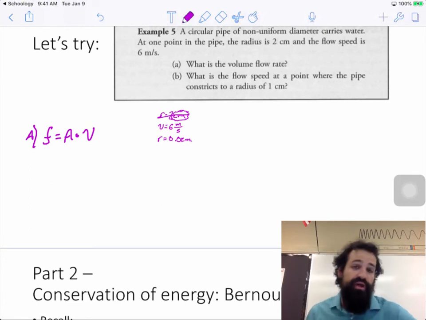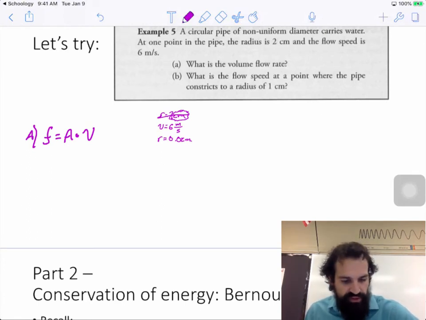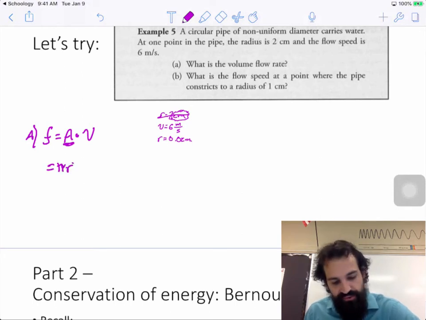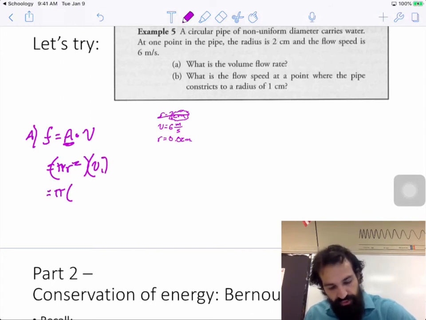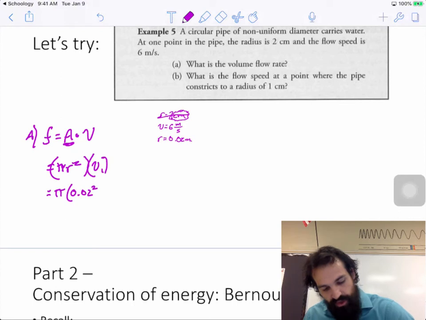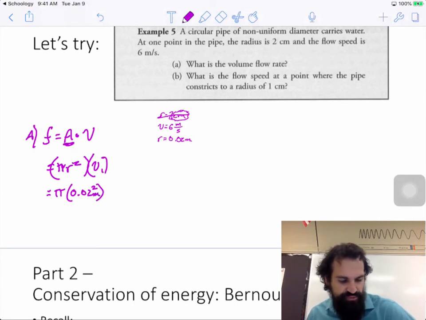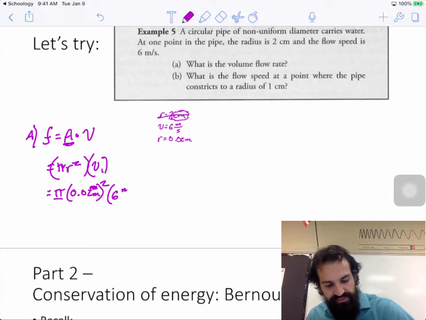So now we can do part A. We can calculate the flow rate. And remember, this is area, not radius. So you need to plug in pi r squared and then multiply that by the flow speed, the velocity. So pi times 0.02 meters squared, times the velocity of 6 meters per second.